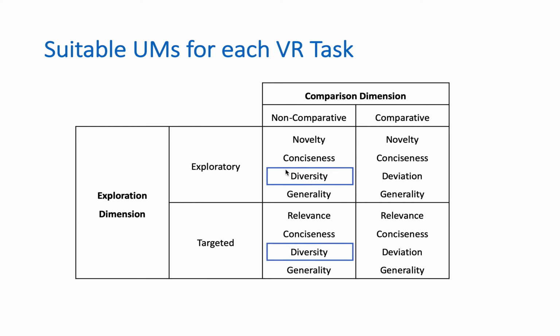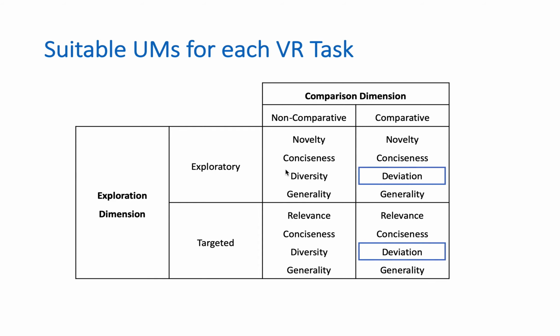And for non-comparative tasks, because there is only one data subset, diversity, which means the value difference among different groups in one data subset, is important. But for comparative tasks, deviation becomes important because they are measuring the difference between data subsets.